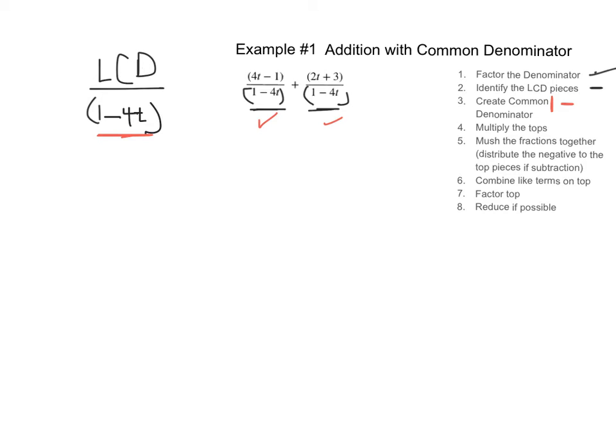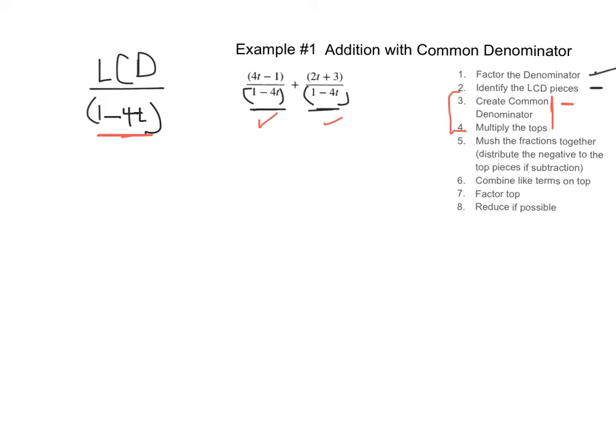Multiply your tops also pertains to creating the common denominator. So steps 3 and 4, we're not going to really deal with here because these two components go together. So we can't multiply the tops. So now we're going to mush the fractions together.